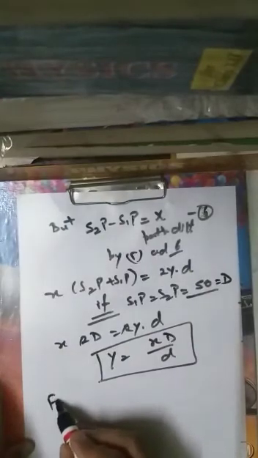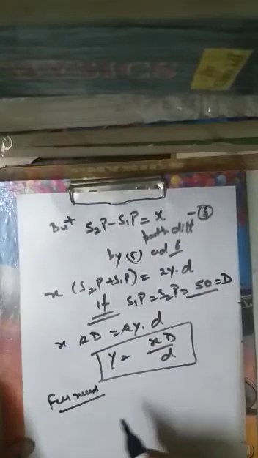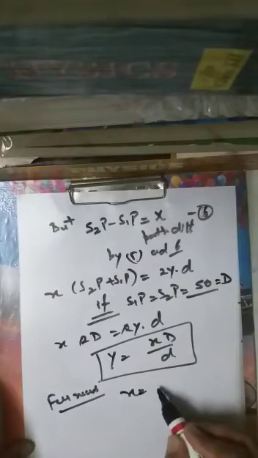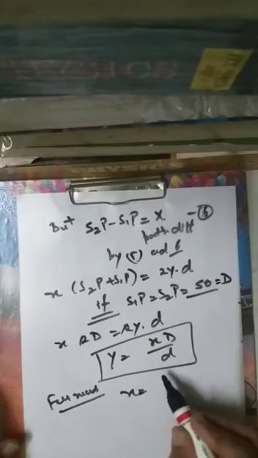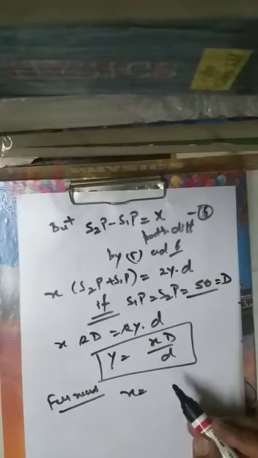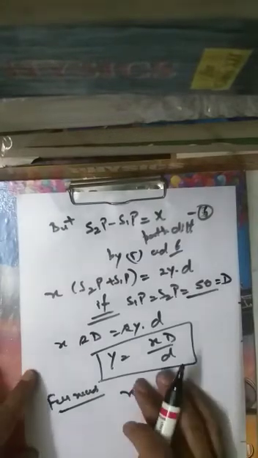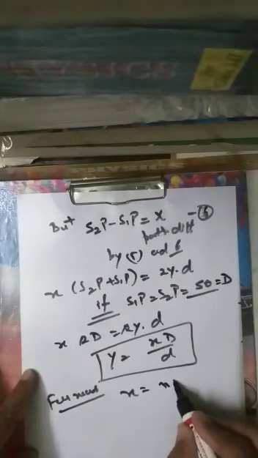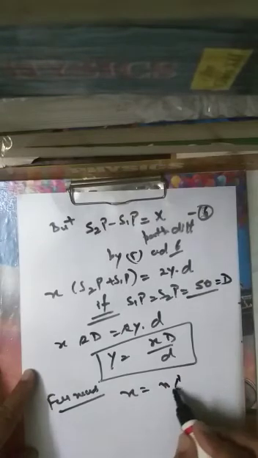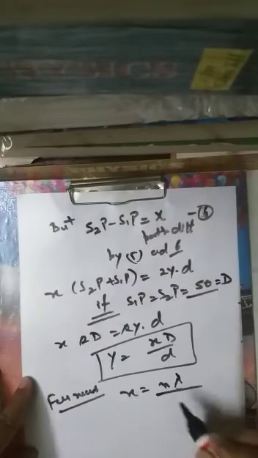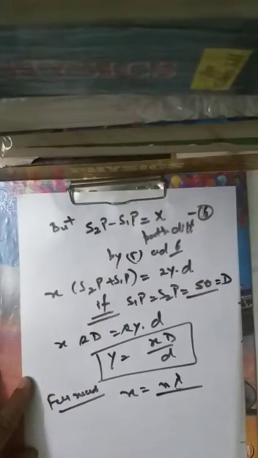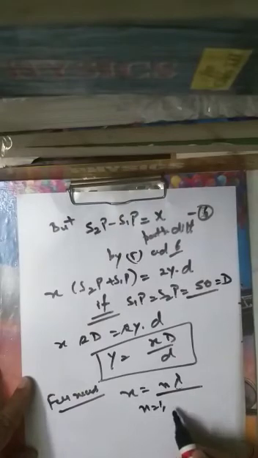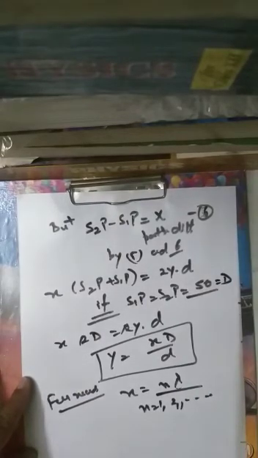For maxima, we know that x is equal to n lambda, where the value of n is 1, 2, 3, and so on.